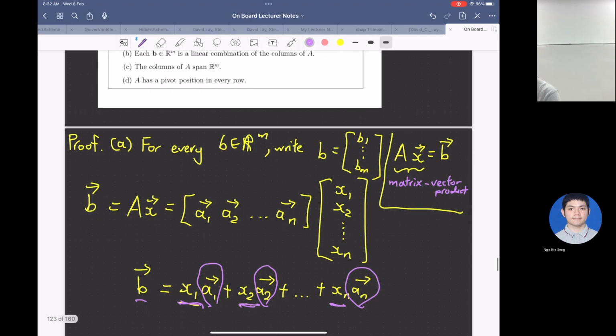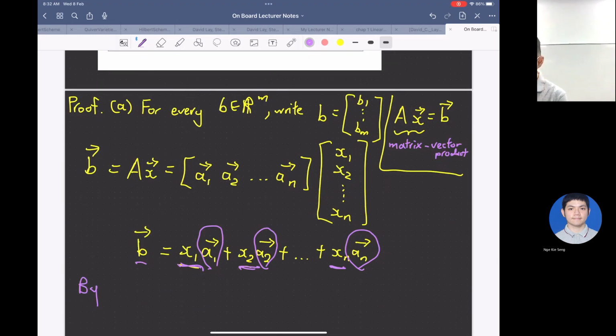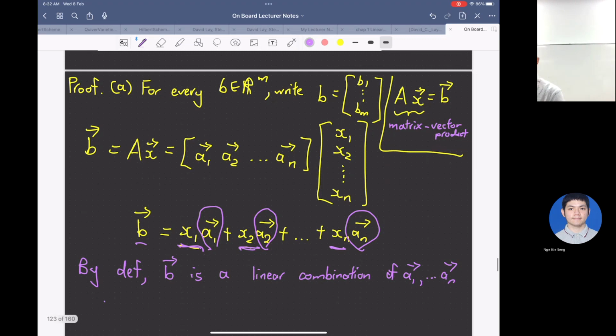Okay. So by definition, b is a linear combination of a1 up to an if x1 up to xn exists.